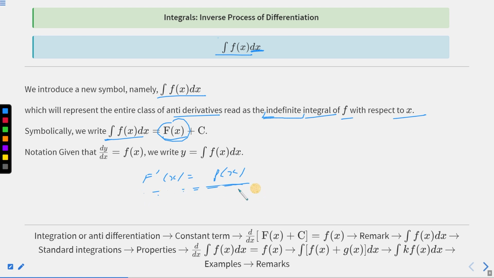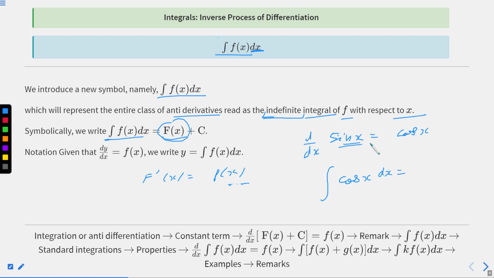Okay, clear? For example, you just saw that the differentiation of sin x gives you cos x. So the inverse process will be integration of cos x dx.